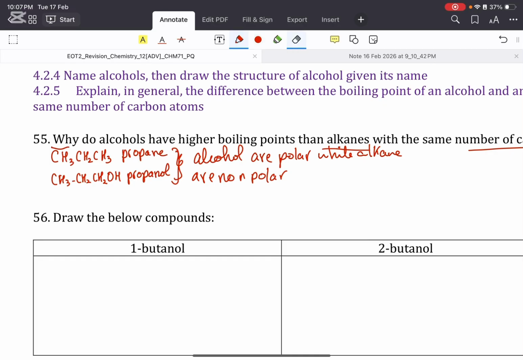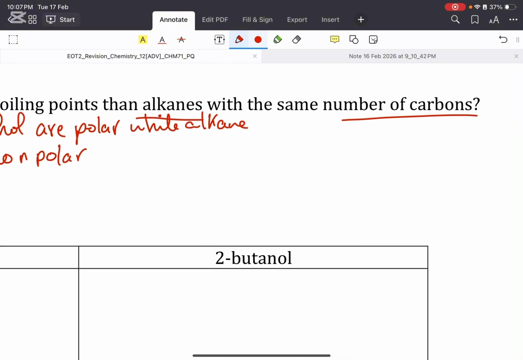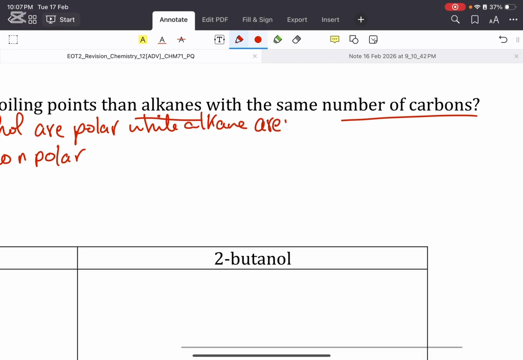Their intermolecular forces are weak. So I'm gonna write it here in a clear way. Alcohols are polar, while alkanes are not polar.